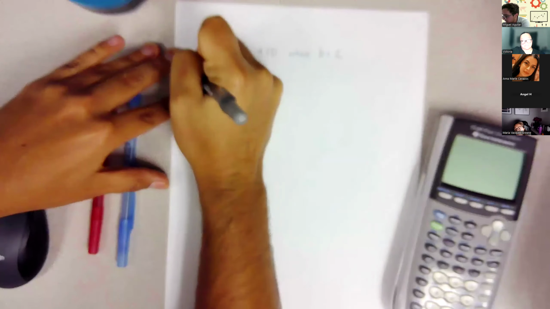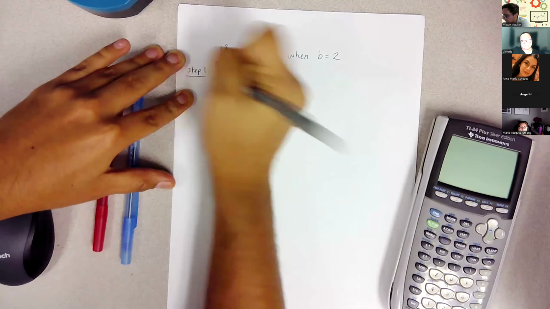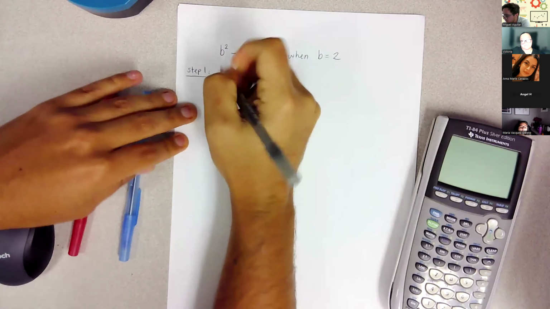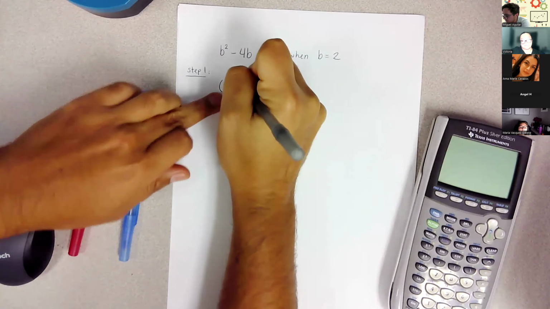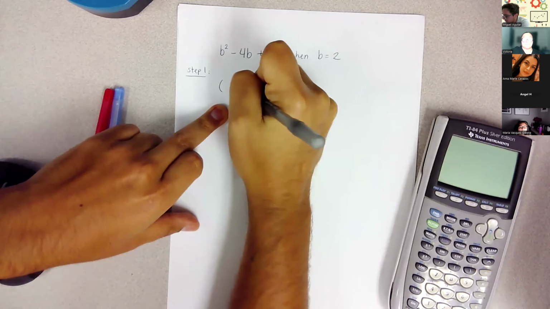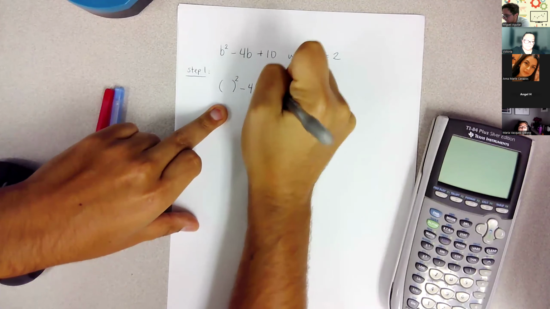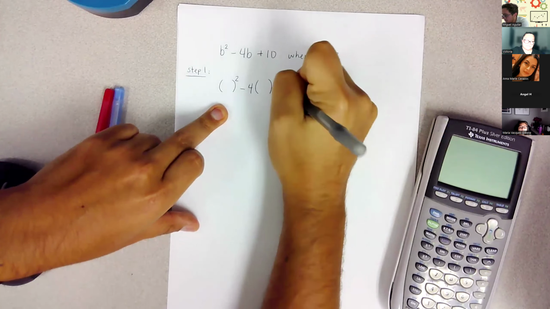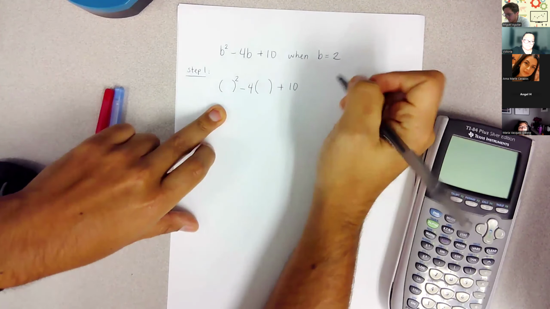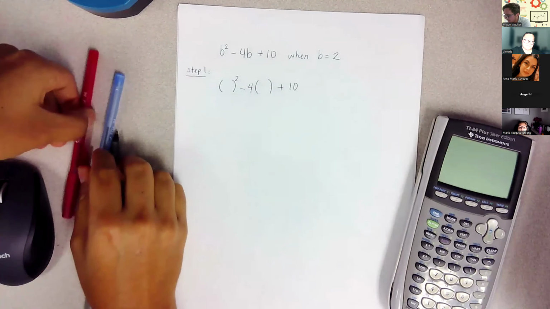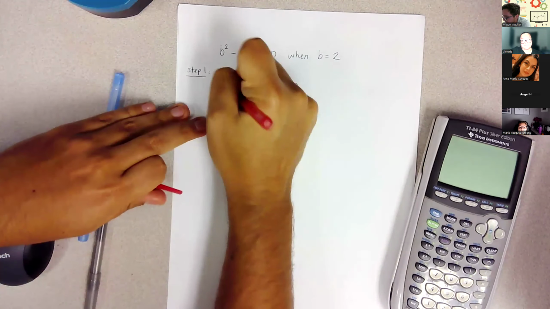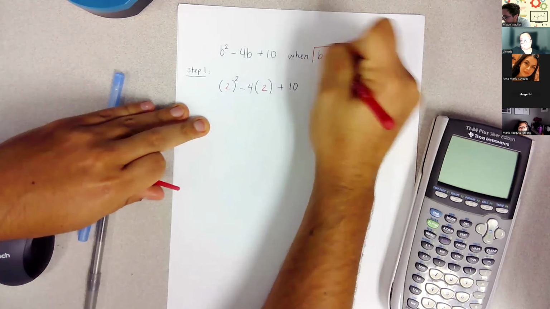And step 1 is always to rewrite that expression, but we're going to put parentheses squared minus 4 times b, so in parentheses, plus 10. Then I can come back in and I can plug in 2 since that's the value of b.